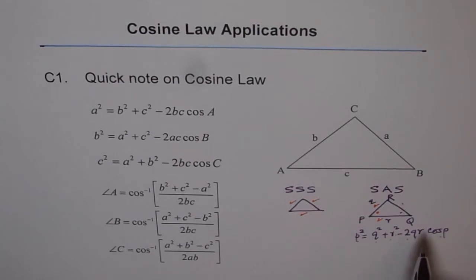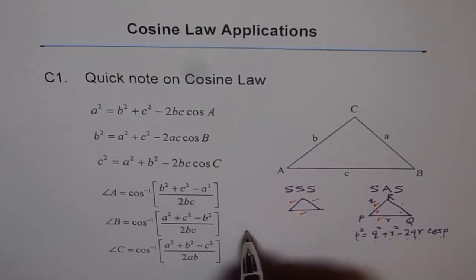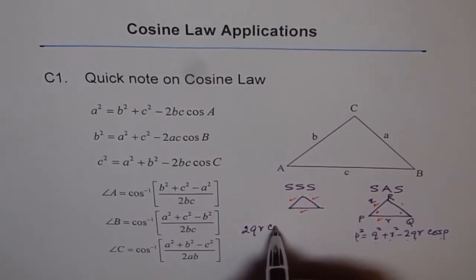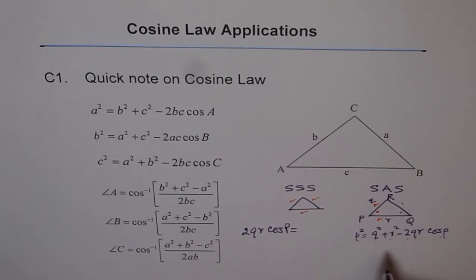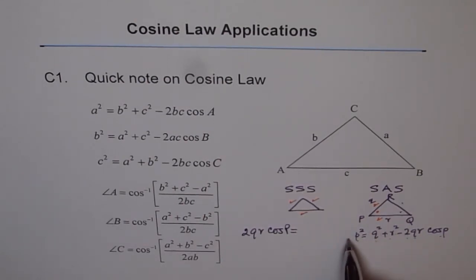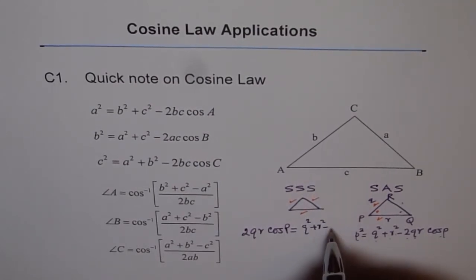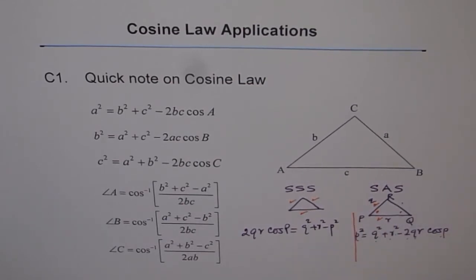Let's say that is the general formula, then we can bring 2qr cos p to this side. So we'll write this as 2qr cos p is equal to, when we bring it to this side, q square plus r square minus p square, correct? And then we can divide by 2qr.